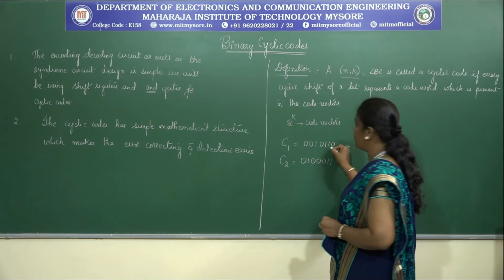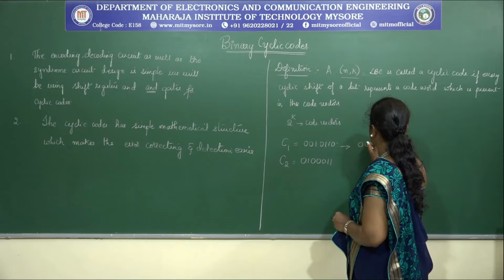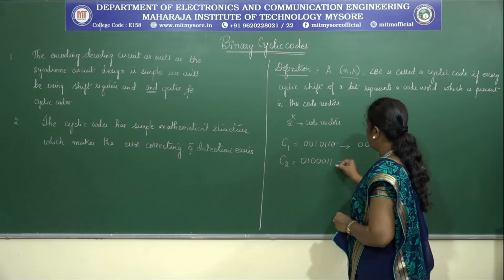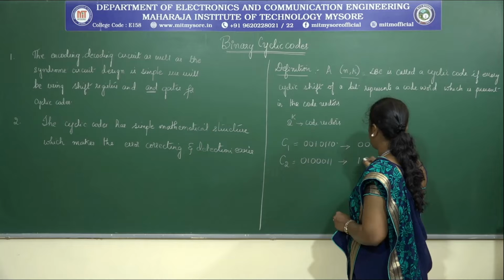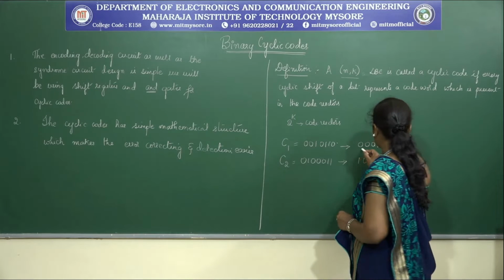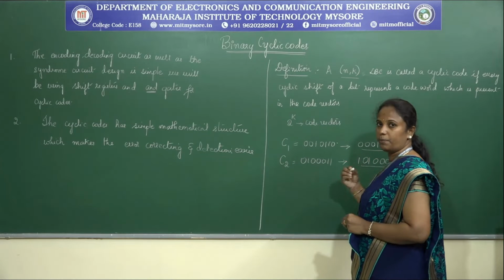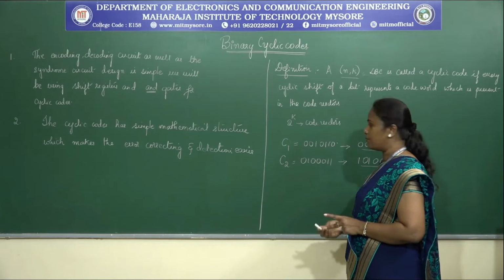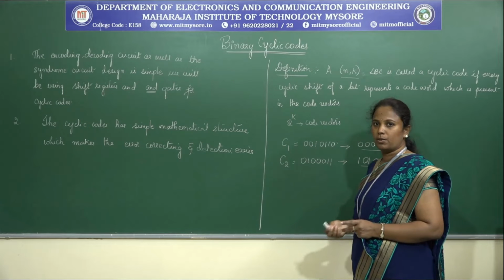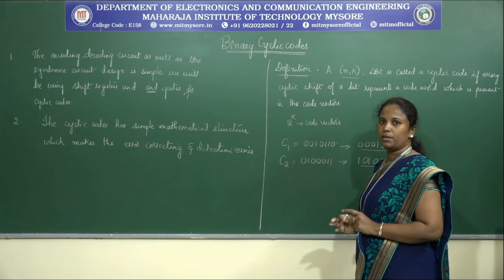If you shift C1, it will be 0, 0, 0, 1, 0, 1, 1, and for C2 it will be 1, 0, 1, 0, 0, 0, 1. The two new code words formed after a 1-bit cyclic shift are also code words present in the corresponding code vectors. That is the meaning here.